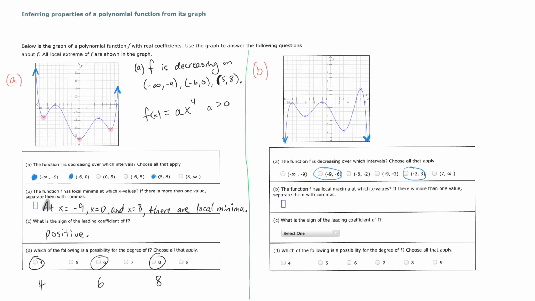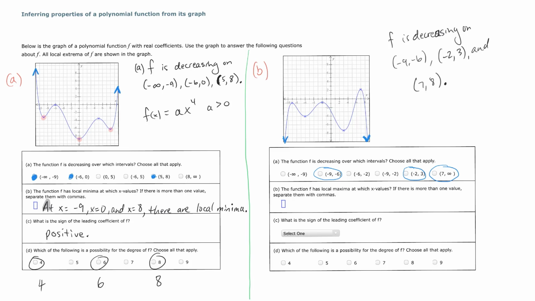There should be one more. Yeah, there's 7 to infinity. So it's better to write this out on your own sheet of paper. We could say f is decreasing on the following intervals. -9, -6, -2, 3, and 7, 8.